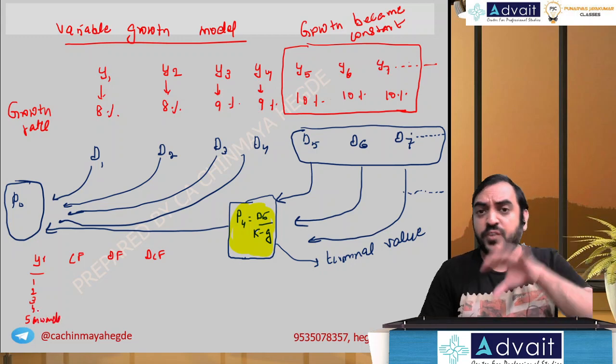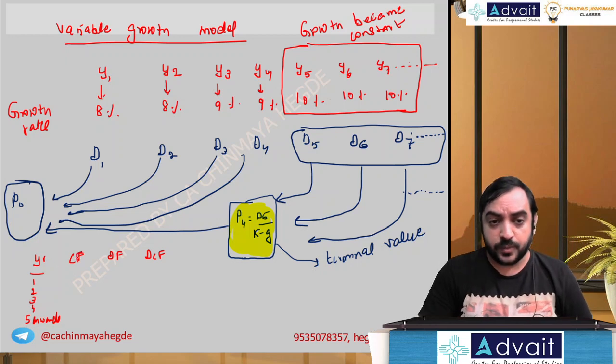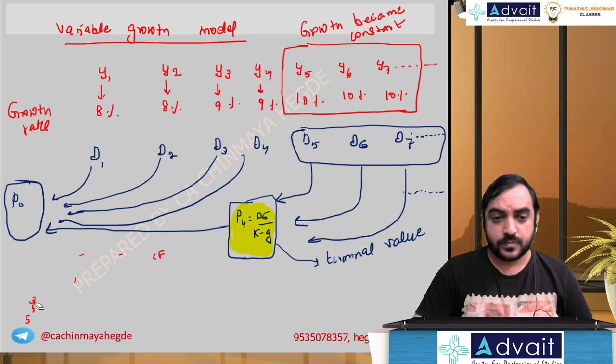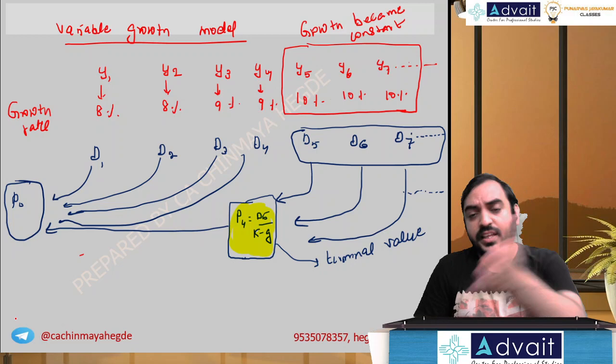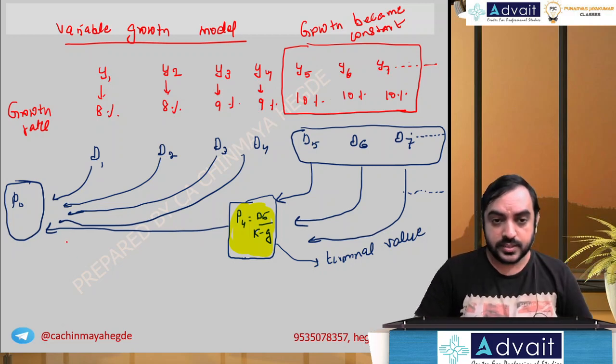For years 1, 2, 3, 4 we have different growth rates, and from 5 onwards the same growth rate. So the cash flow will be D1, D2, D3. I don't have space here, so I'll write in the next slide. But make sure you have written till here. I'll give you 2 minutes. Then I will write the tabulation format, or I'll see if I can fit it in here.